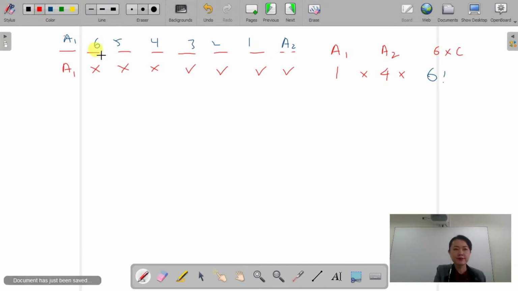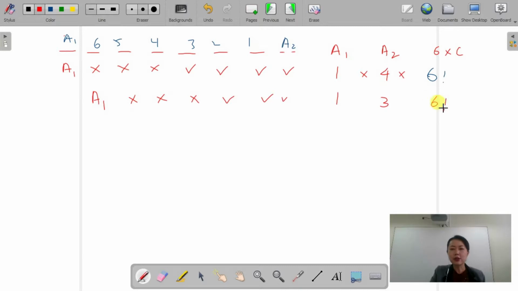So then we look at the next position. Let's say if adult 1 is here. So 1 way to put adult 1. So we're considering different cases. That's what we are doing. Okay. Then adult 2 cannot be in these 3 spots, but can be in these 3 spots. So there are 3 ways to put adult 2. And once you've placed adult 2, again, there are 6 factorial ways to do the remaining people.